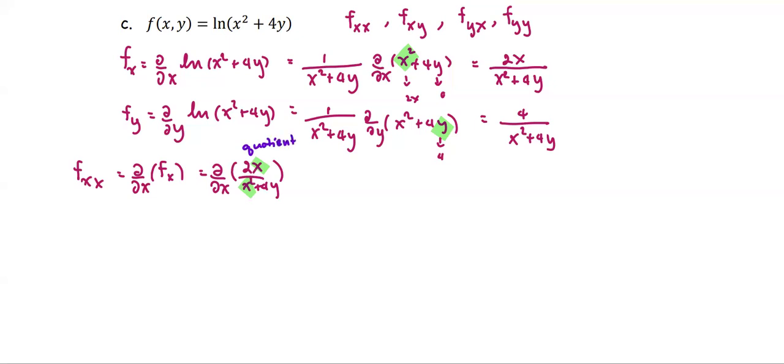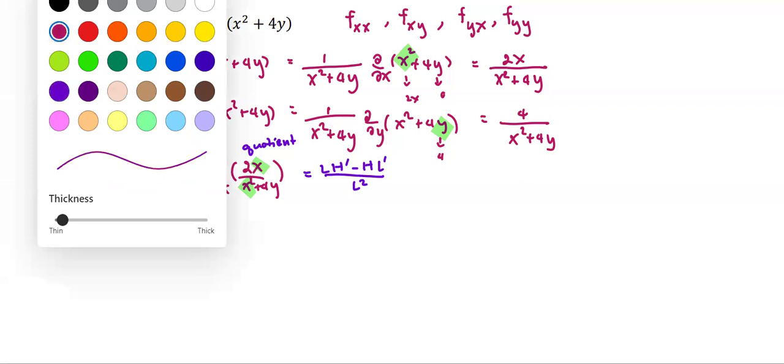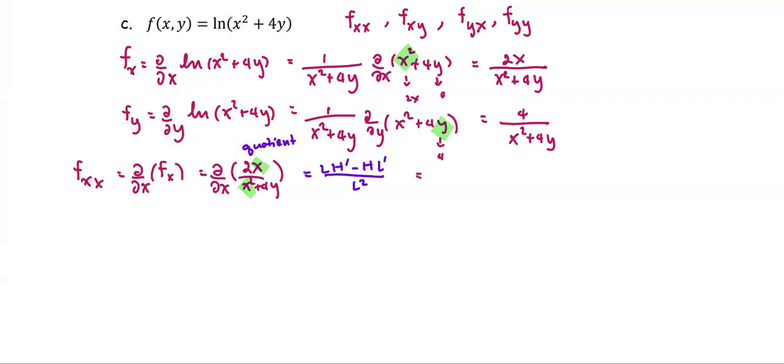Recall the quotient rule is low D high minus high D low, draw the line, low squared. Draw the line, the low squared, which is x squared plus 4y squared. The low, which is the quantity x squared plus 4y. The D high with respect to x. I'm going to be careful with this because with respect to x, we get 2x.